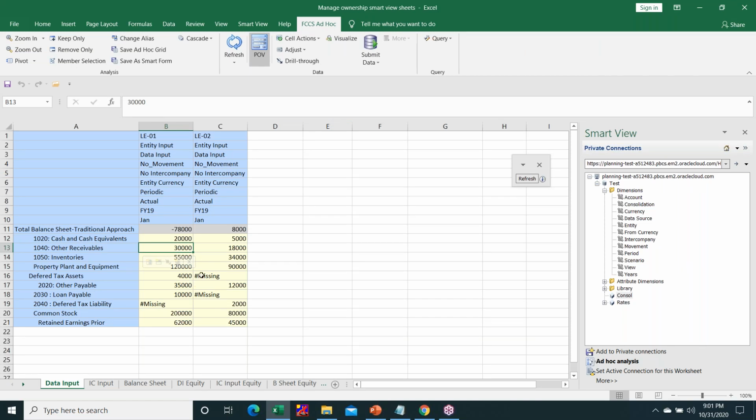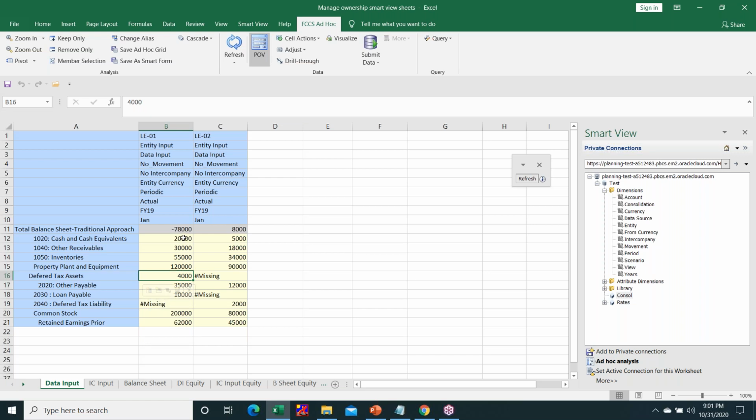Now you can see that after entering all the numbers, I have entered for all the assets and I have entered the numbers of all the liabilities, that is common stock, retained earning prior. These are my liabilities, loan payable. This is also a liability, other payable, deferred tax asset.